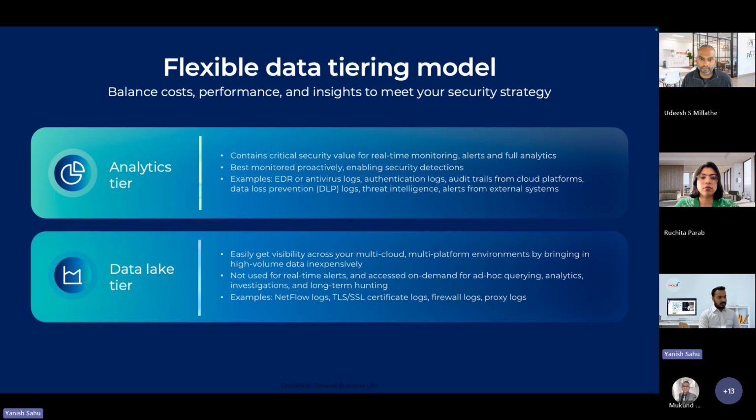Your authentication logs, where you'd want to monitor continuous failed authentications or authentications from unapproved locations. Audit trails from cloud systems in terms of what changes were made and who made them. DLP logs for any data loss prevention activities that might be happening.